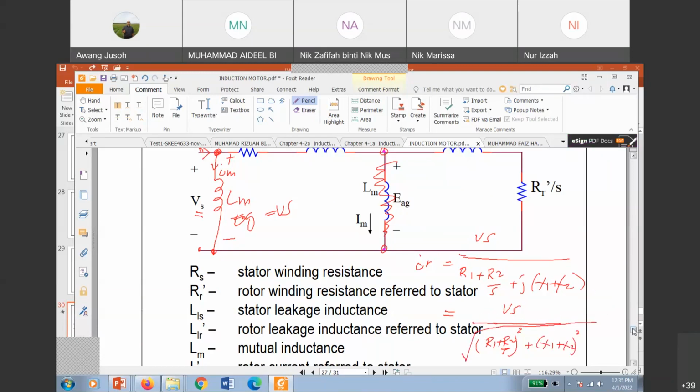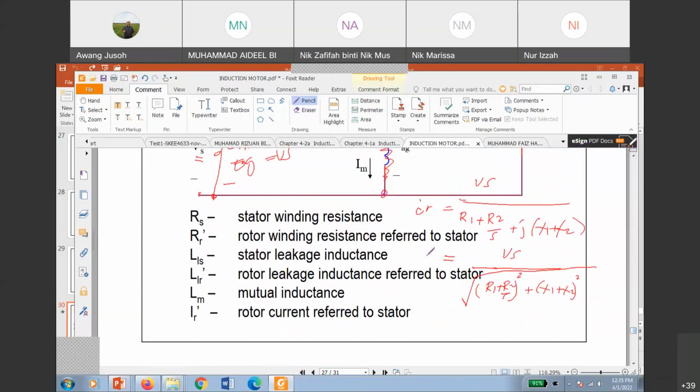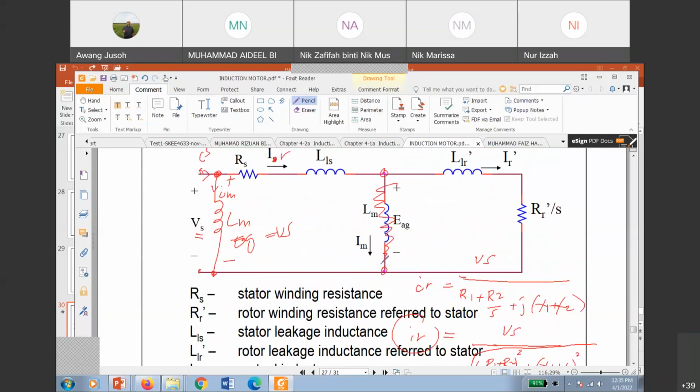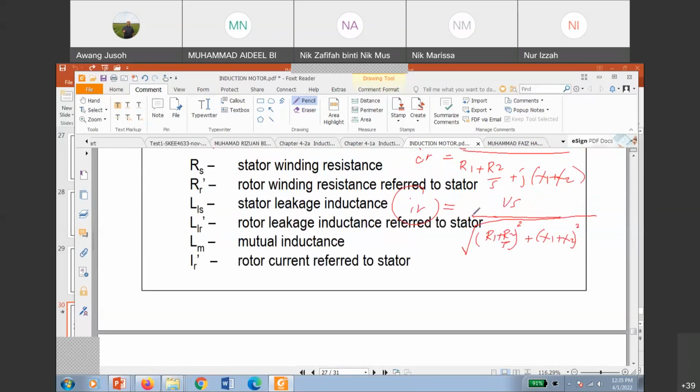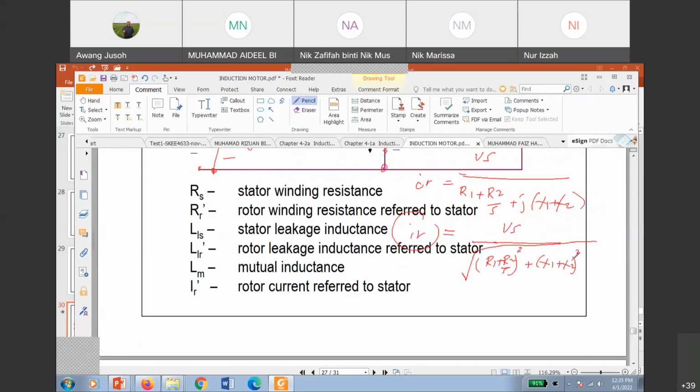So this is IR, the rotor current: VS divided by Z2, which is R1 plus R2 over S squared plus X1 plus X2 squared. This is the IR. So if we substitute this IR into the equation just now, this is the approximate method. We can substitute the rotor current IR here.